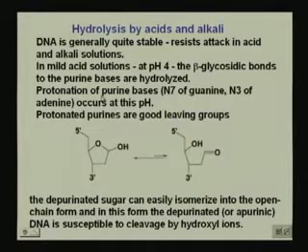Now, what is going to happen if you have protonation of the purine bases in the acidic solution? You are going to disrupt the hydrogen bonding, as a result of which you are going to have this hydrolysis, which leaves your purines protonated, that is going to act as a good leaving group, and you are going to have an isomerization of the depurinated sugar.